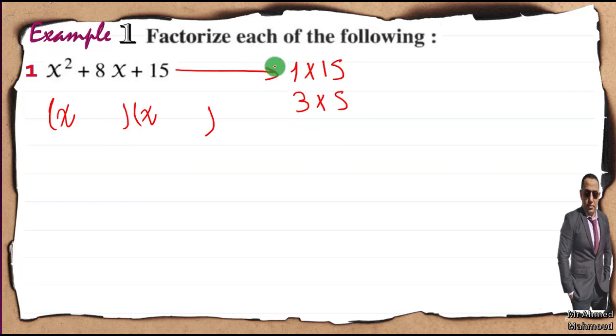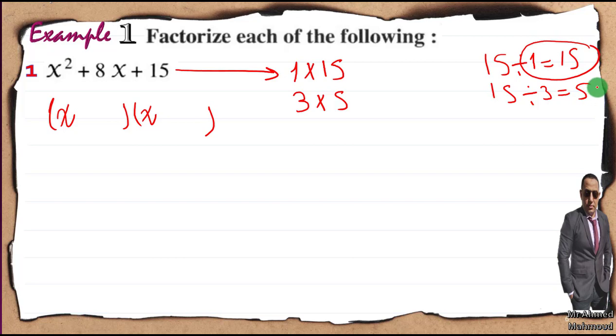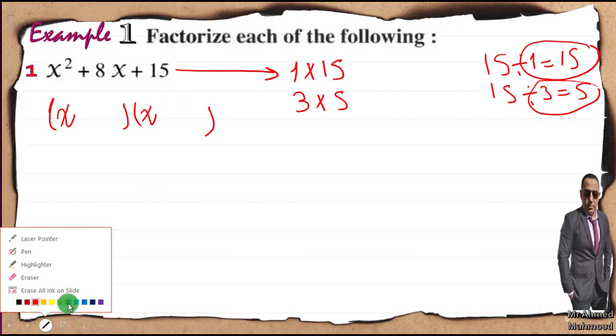If you don't know this case, you can do it this way: 15 divided by 1 equals 15, 15 divided by 3 equals 5. So the factors are 1 and 15, 3 and 5. This is the first step.